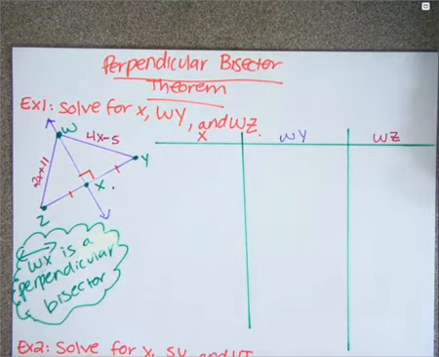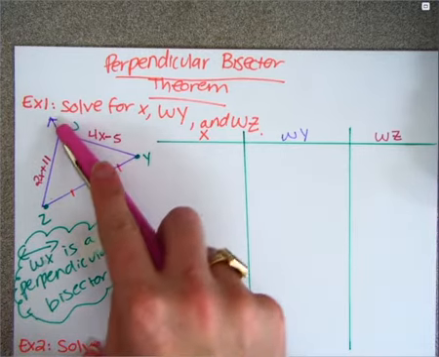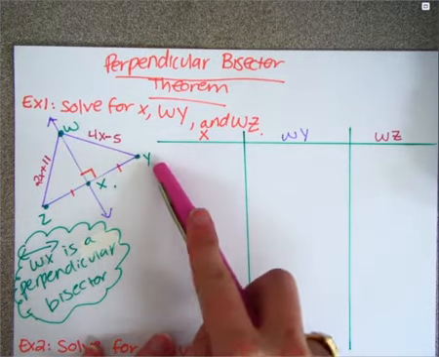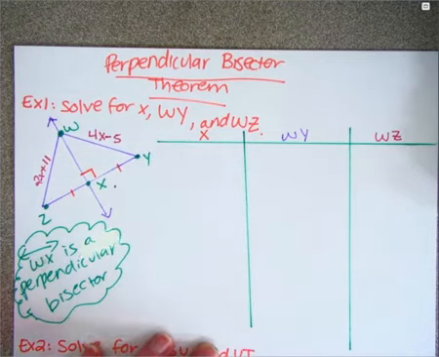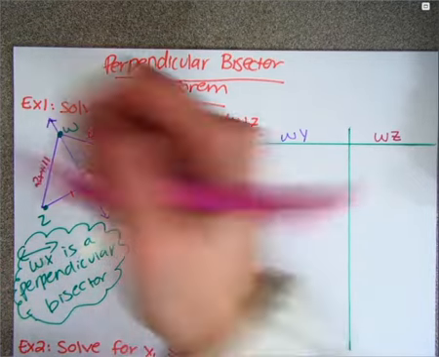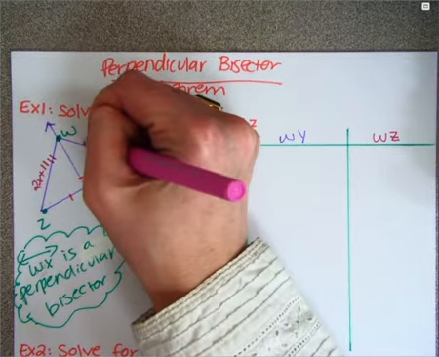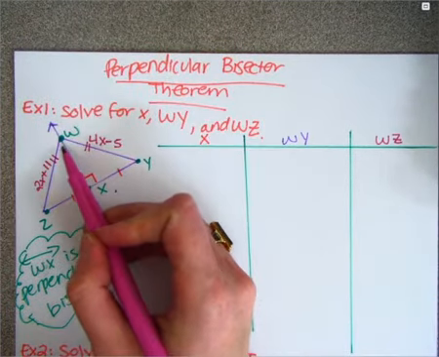So, if we use the perpendicular bisector theorem, what that states is that it will be equidistant to each endpoint along the segment that has the perpendicular bisector. So, these two pieces right here will be congruent because point W is located on WX.